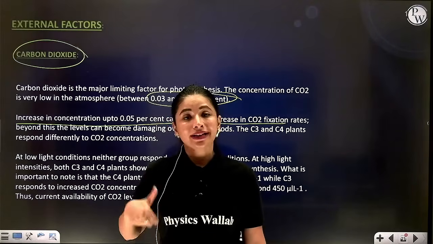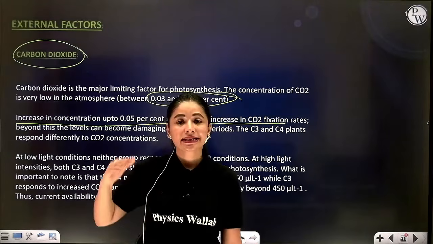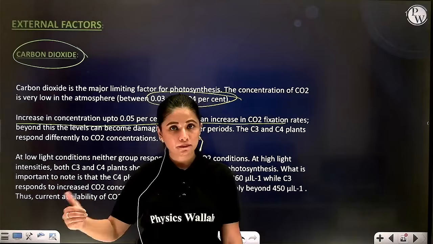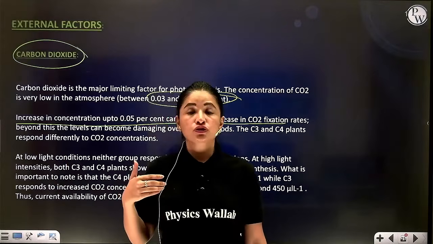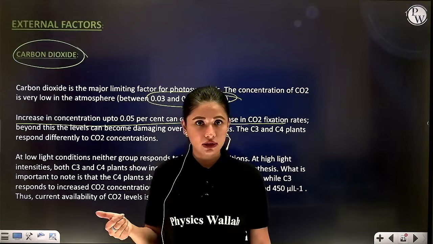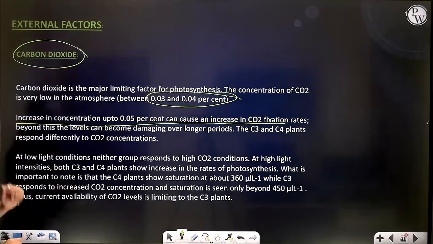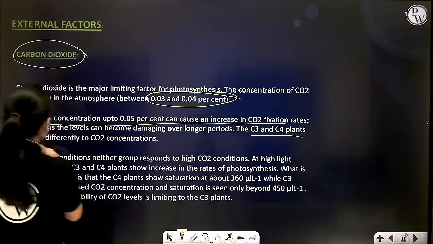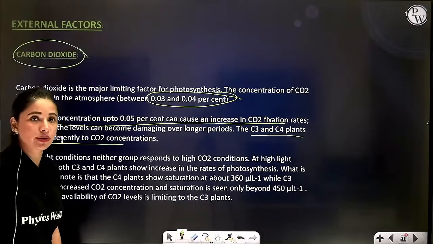So their dependence upon external environmental conditions is slightly lesser as compared to C3 plants. So C4 plants get saturated sooner with respect to CO2 concentration as compared to C3. Let's check. So as I was telling you, C3 and C4 plants respond differently to CO2 concentration.